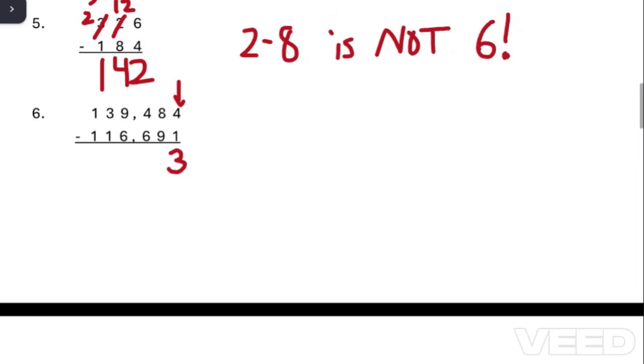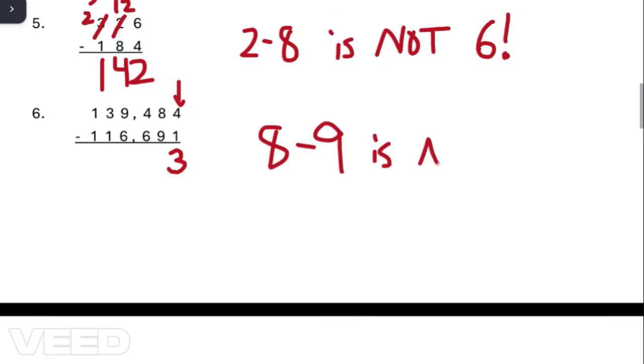But in this next column to the left, in our tens column, we have 8 minus 9. And we know now that we cannot do 8 minus 9. We also know that 8 minus 9 is not 1. I saw this mistake on several students' papers. 8 minus 9, they marked it as 1.